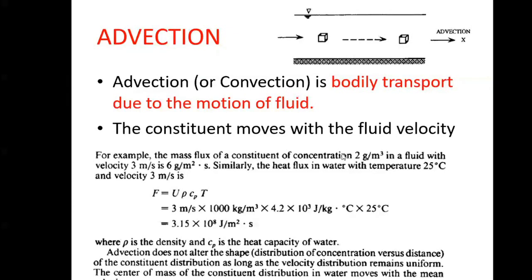If there is a constituent whose concentration is 2 grams per cubic meter, just for example, and the velocity of the channel is 3 meter per second, its mass flux is C into U, so that will be 6 grams per meter square per second.